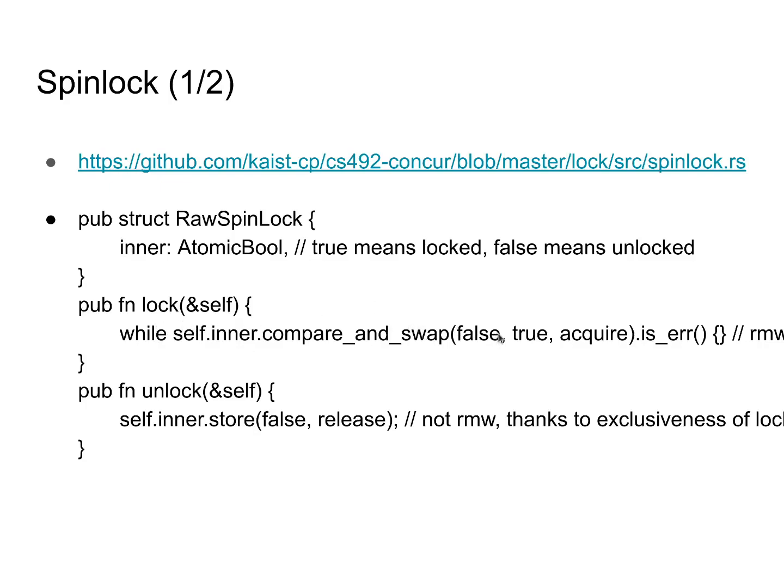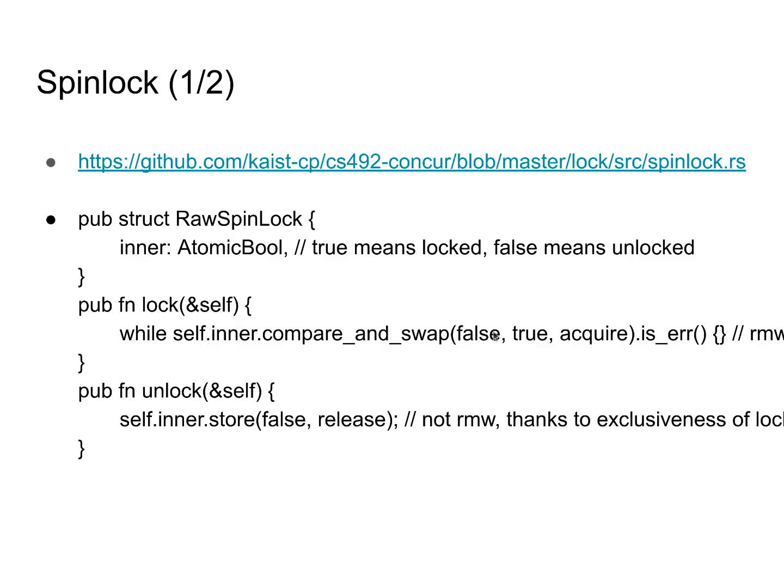If this compare and swap is successful, that means you successfully replaced false with true, then you know that you have acquired the lock, and you can return from this lock function. On the other hand, your compare and swap may fail because the value there is already true, and you cannot replace false with true because the value is not false at all.